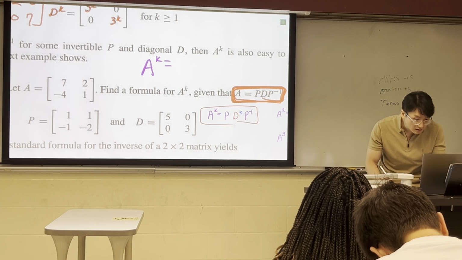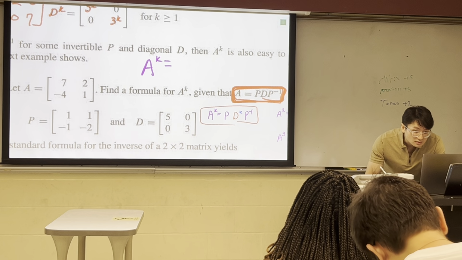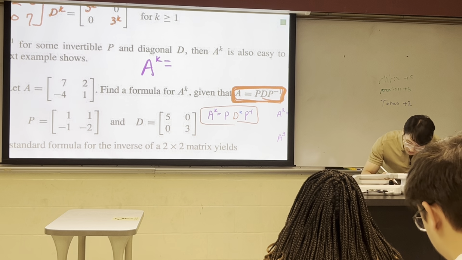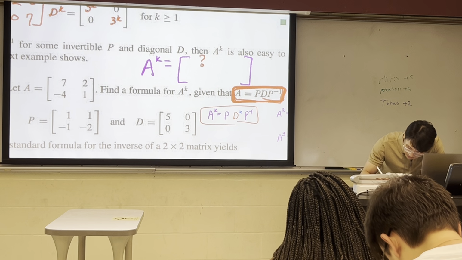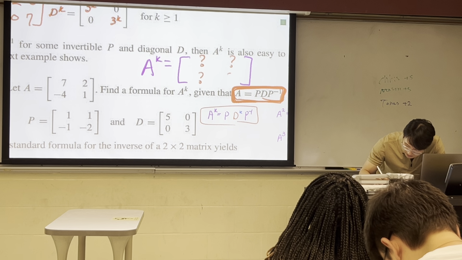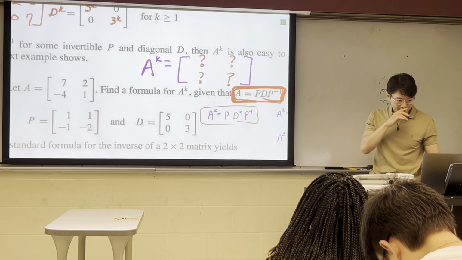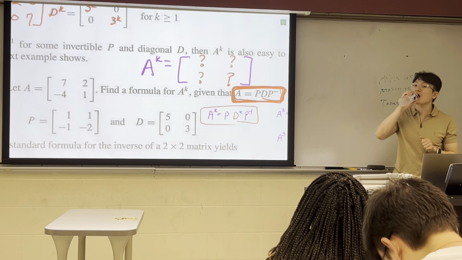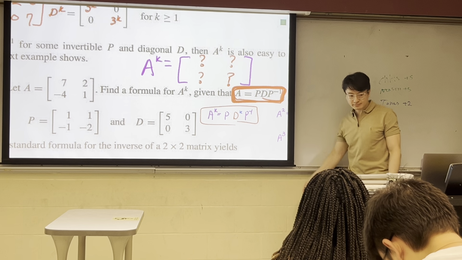Give me A^K. What A^K is, each entry. How can you express each entry? Try it. You have to work it out.